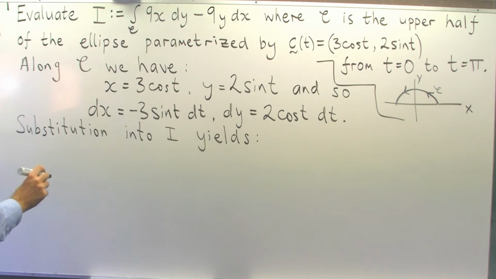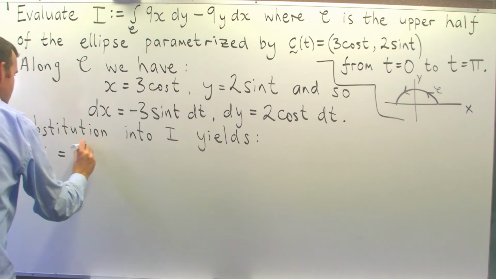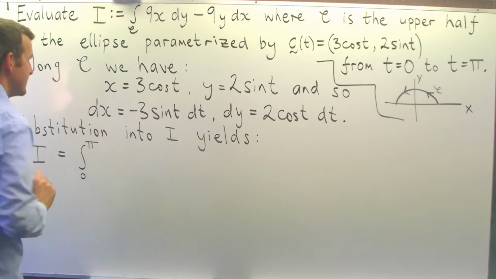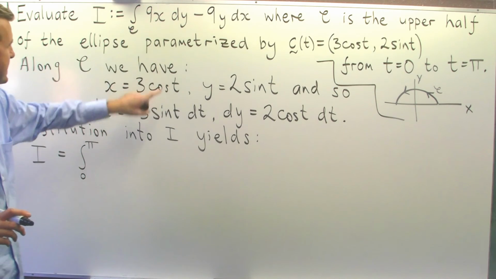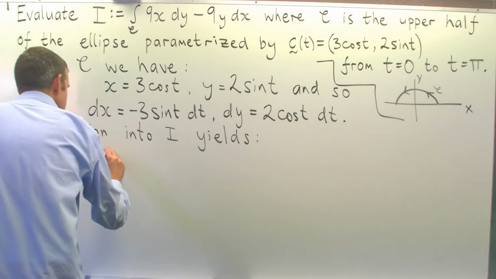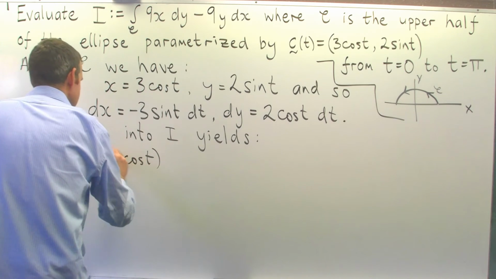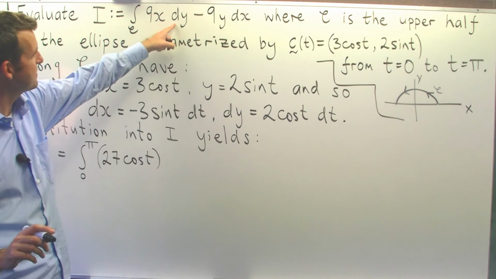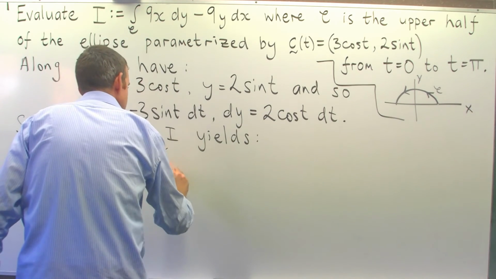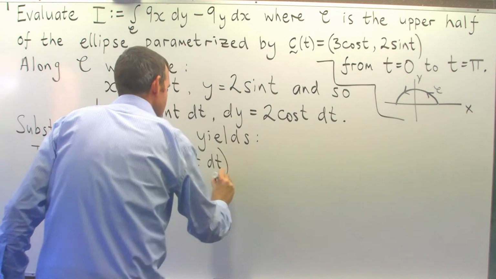So we're going to be integrating from 0 to pi. We're going to replace 9x with 9 times 3 cos t, which is 27 cos t, multiplied by dy, which is 2 cos t dt.